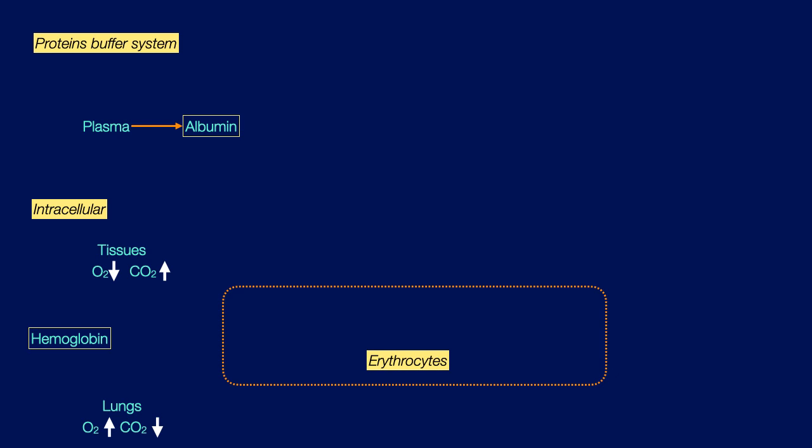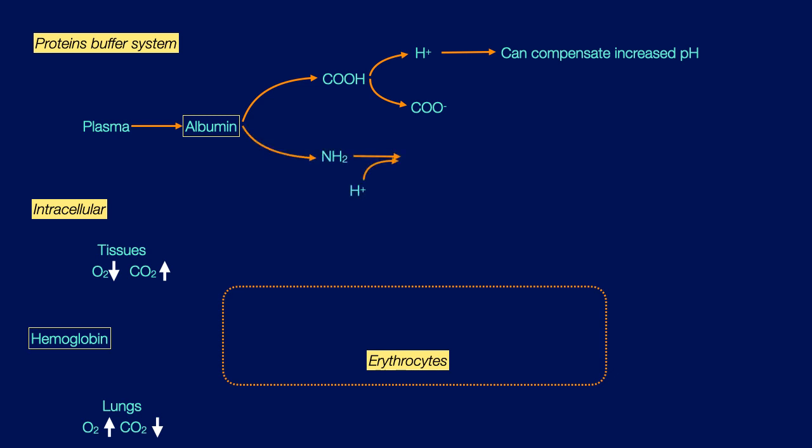That's because some of the protein amino acids have exposed carboxyl groups, or COOH, that act as weak acids, meaning that they are ready to release hydrogen ions when the pH begins to rise, while others have exposed amino groups, also NH2, that act as weak bases, meaning they can bind a hydrogen ion, preventing a decreasing pH.